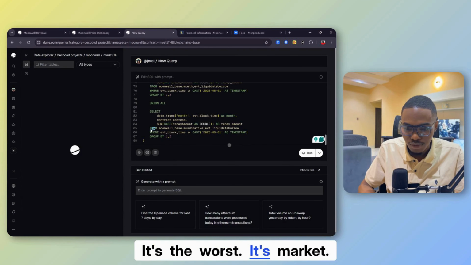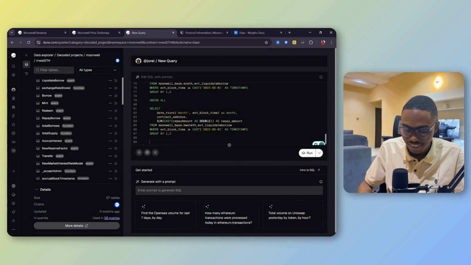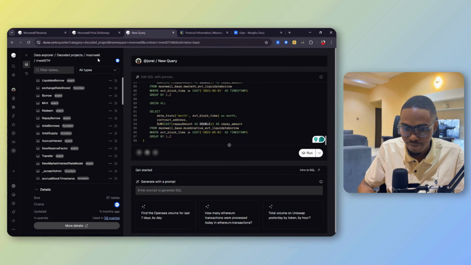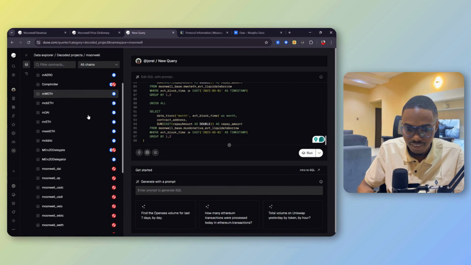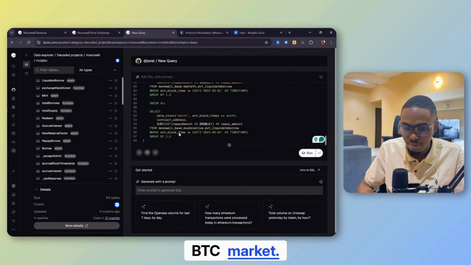This is the wrsETH market. Then the Coinbase BTC market.